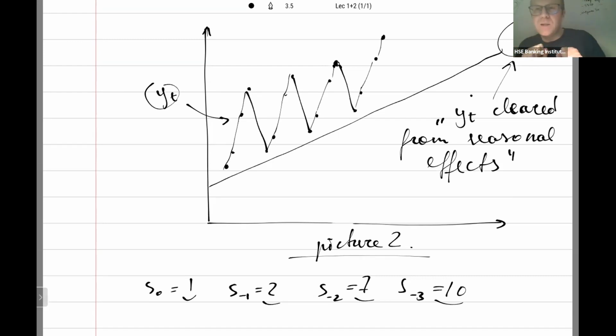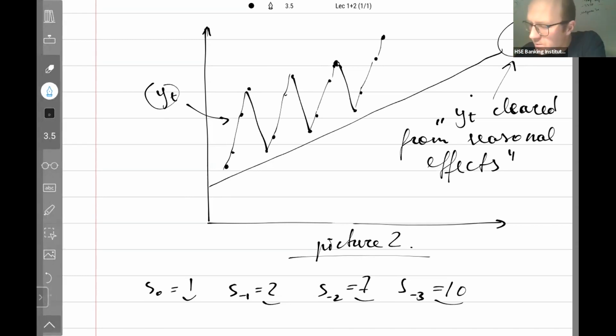Sometimes it may be below, but if you want to interpret LT as cleared from seasonal effects, it would be strange to have LT that is always below YT. And the difference between YT and LT is just S1, S2.